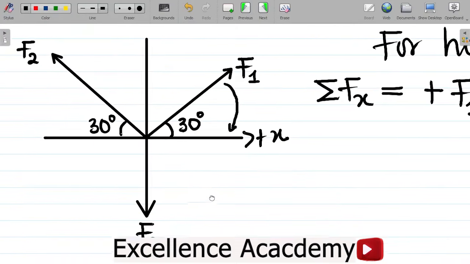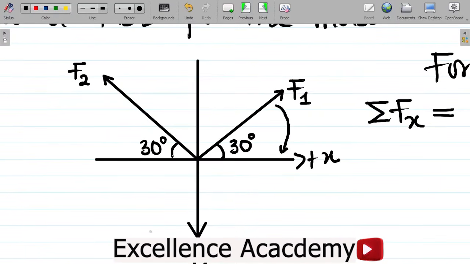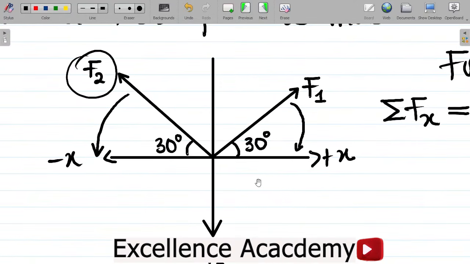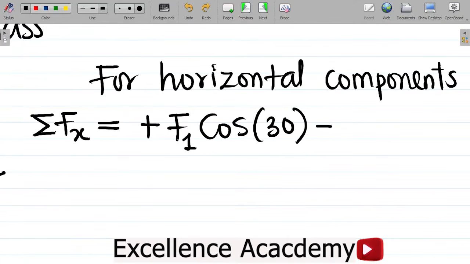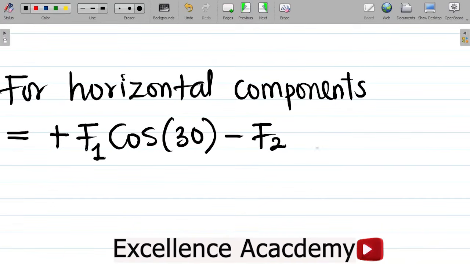Now let's look at F2. Resolving F2 horizontally, you can see that it lies in the negative x-axis, so the sign will be negative: minus F2 cosine of the angle, which is 30.